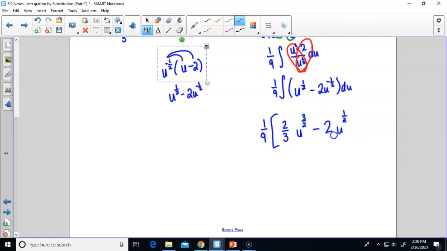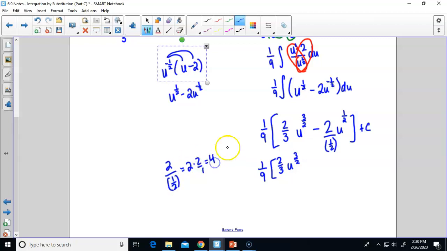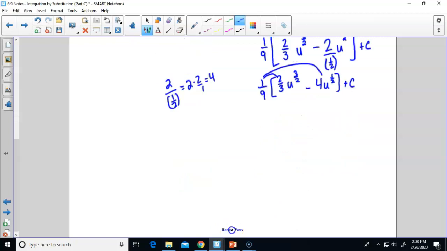And then we'll have to do 2 divided by 1/2 here. And so 2 divided by 1/2 is 2 times 2 over 1, which is just going to give you 4. So we get minus 4u to the 1/2 plus c.